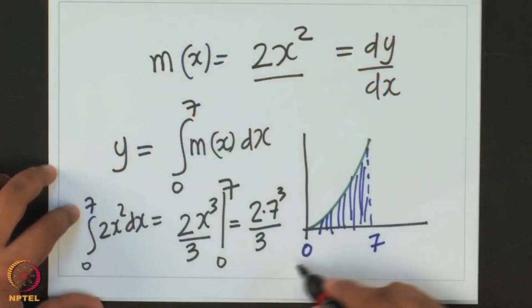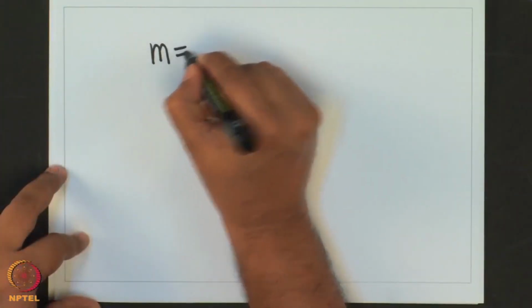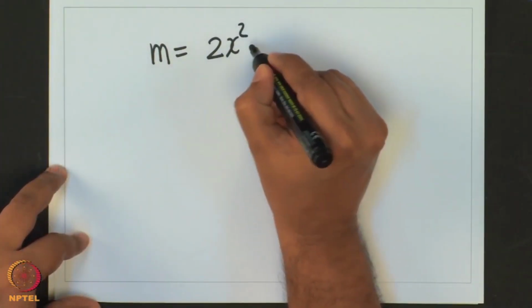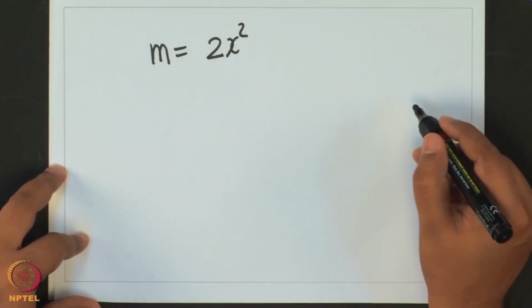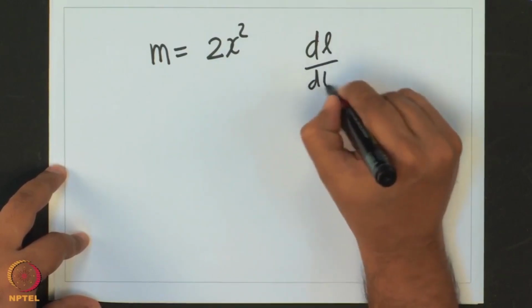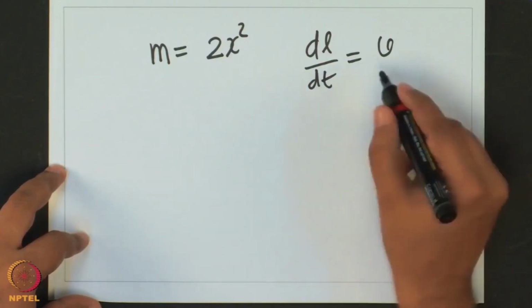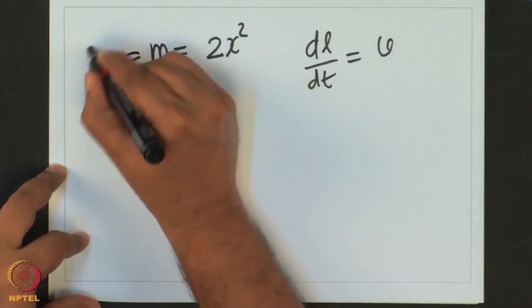We also know that if the lower limit is not 0, it is still an area. For example, we have m equal to 2x square itself. Or in other words, we had this example of dl by dt is equal to v. In all this, we wanted to integrate, and this was dy by dx.